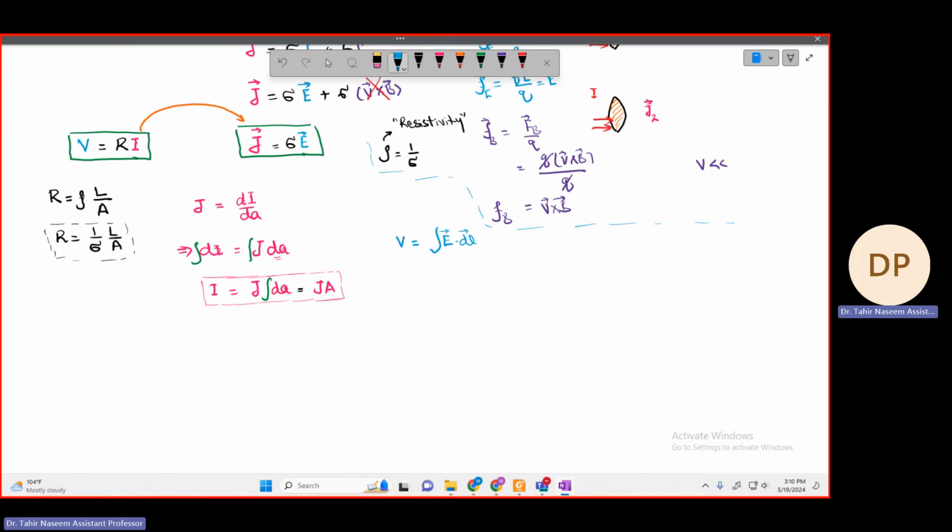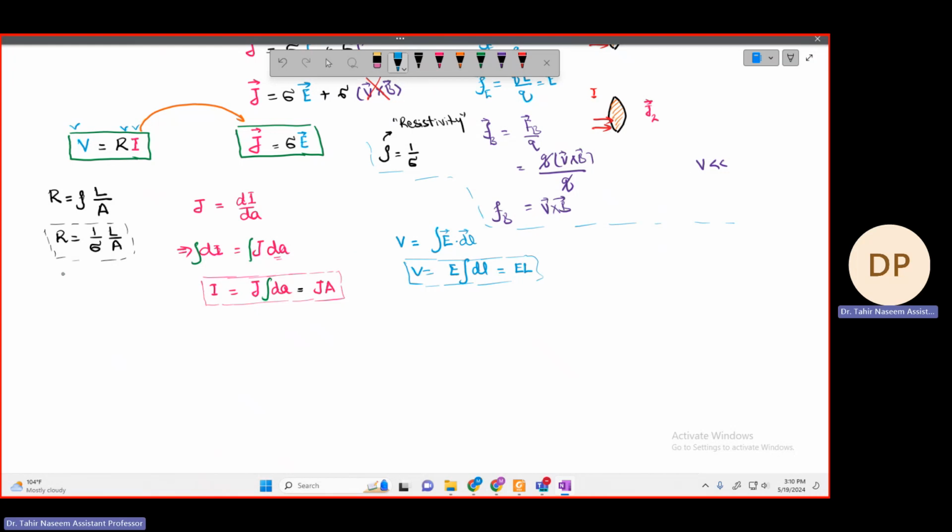If the direction of E and length are the same, and I also assume E is uniform, then integrating over the whole length gives me the length of the wire. V is equal to EL. So I have everything now. I replace V, R, I in this expression.